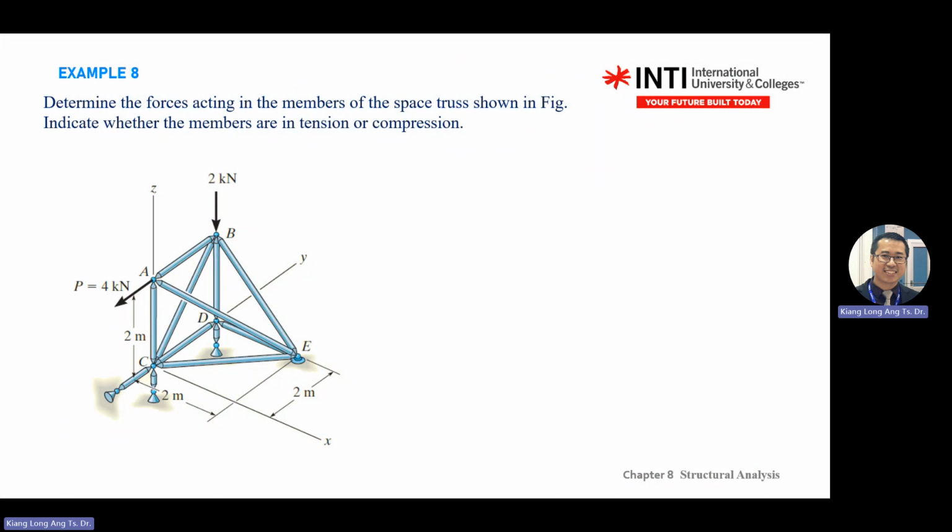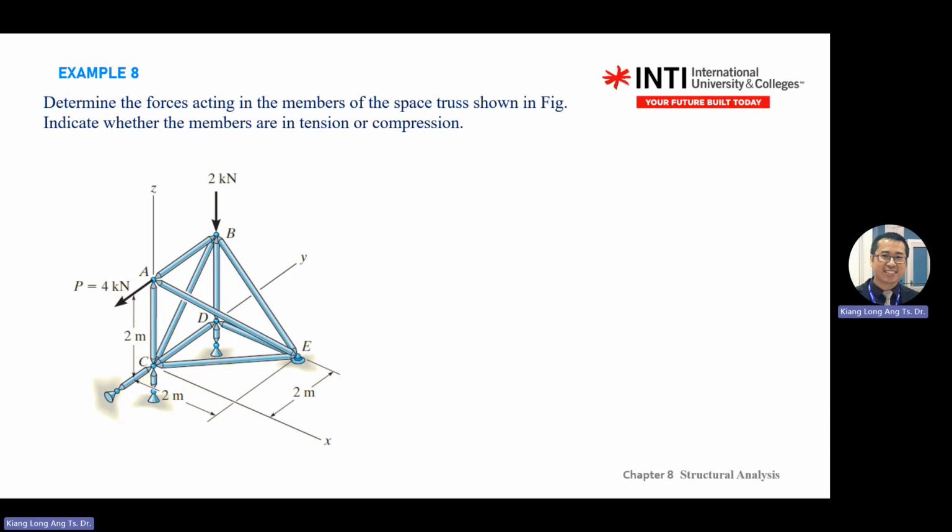Example 8. Determine the force acting in the members in the space truss as shown. Indicate whether the members are in tension or compression. So as you can see here, it's a simple truss with a few members there.